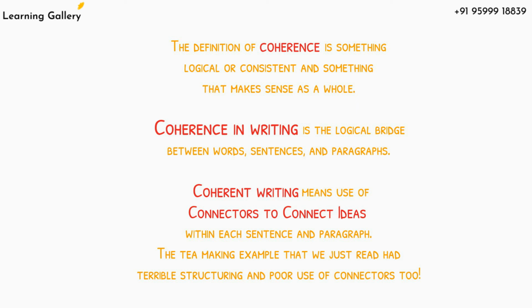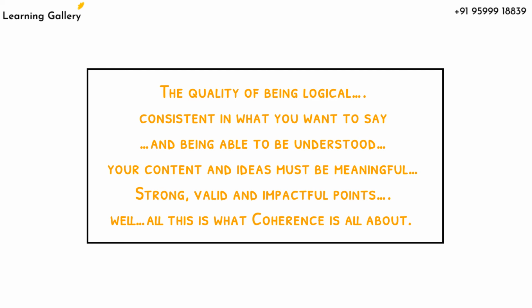The tea-making example that we just read had terrible structuring and poor use of connectors too. The quality of being logical, consistent in what you want to say, and being able to be understood. Your content and ideas must be meaningful, strong, valid, and impactful points. Well, all this is what coherence is all about.